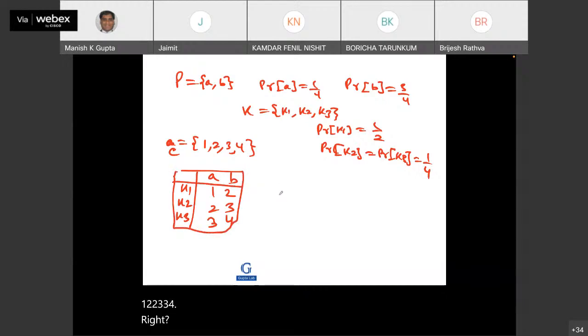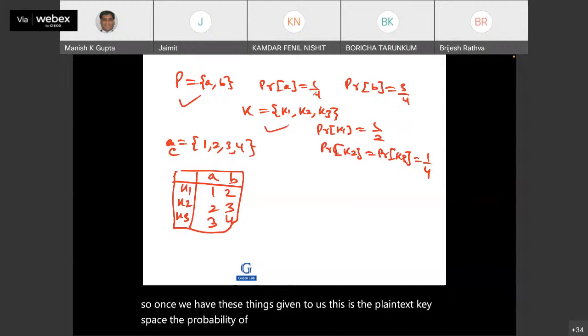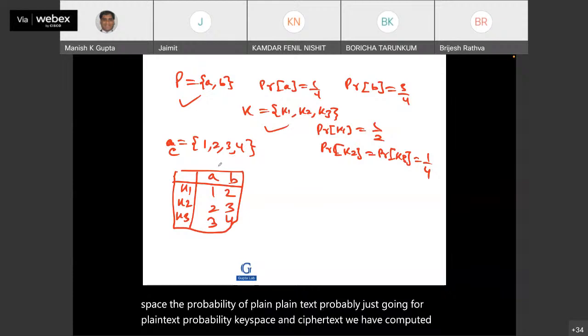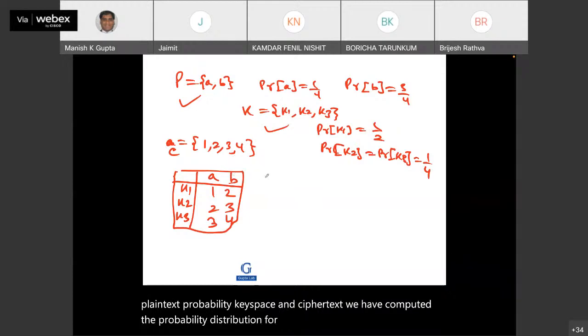So once we have these given to us, the plain text, key space, the probability distribution for plain text, the probability distribution for key space, and ciphertext, we have computed the probability distribution for ciphertext in earlier examples.